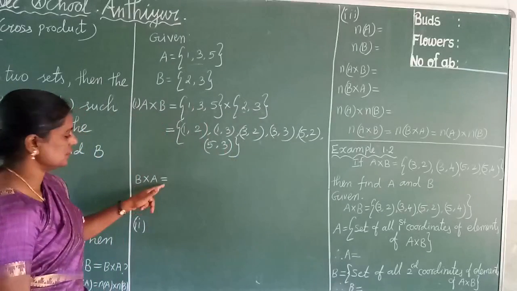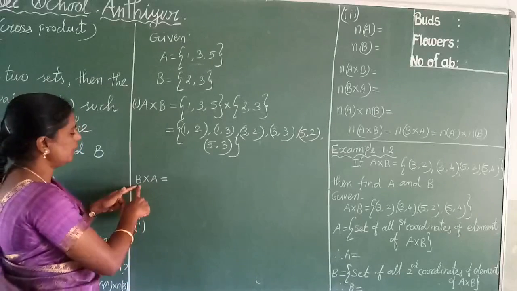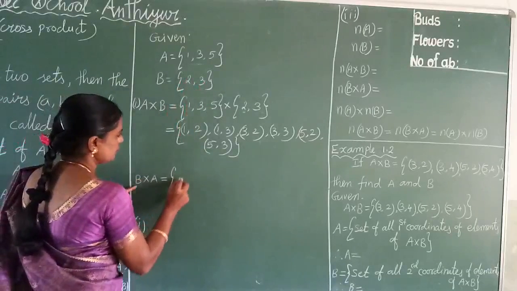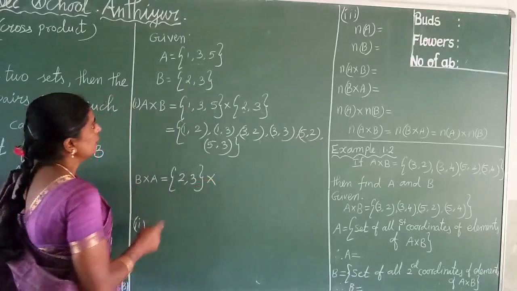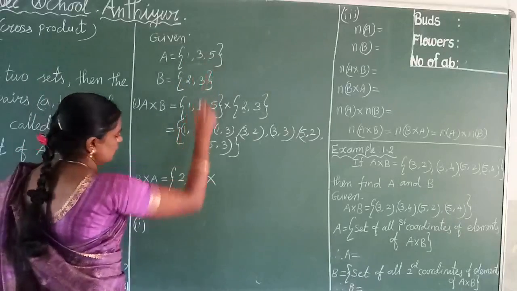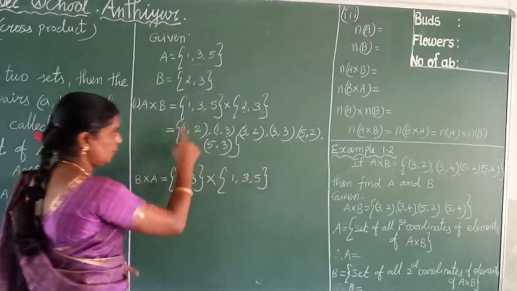Next, B cross A. So first you write B, second A. So B elements 2, 3 cross second A, 1, 3, 5. The same method.